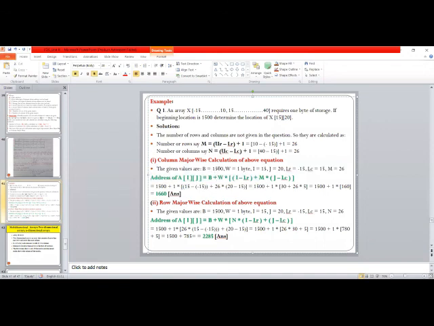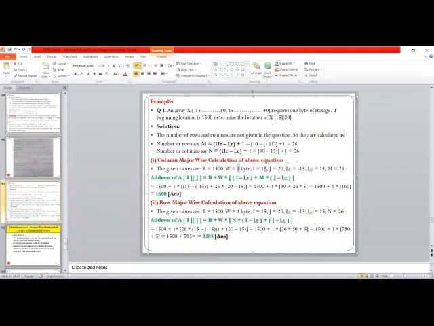B is 1500, the base address. From 1500 onwards, your actual matrix is stored in the memory. As in the earlier case, we considered 100, so instead of 100, now we have to consider 1500. Then W, the width, is 1 byte.